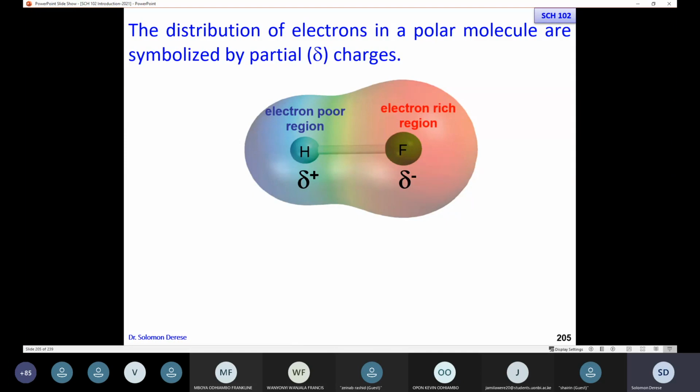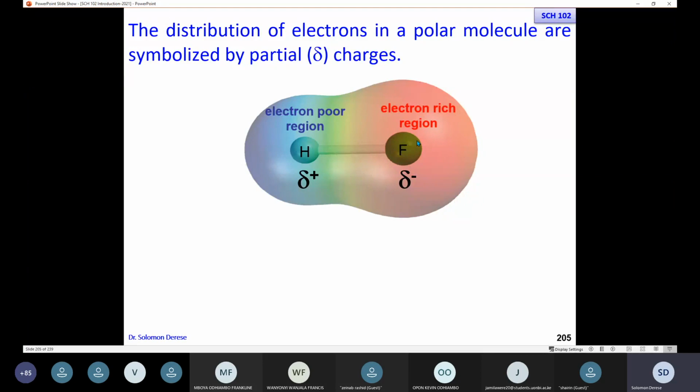and put the partial positive and the partial negative centers where they belong. So one way of showing the polarization of a bond is to put partial positive and partial negative charges. On the electron-poor center, you put partially positive. On the electron-rich center, you put partially negative.